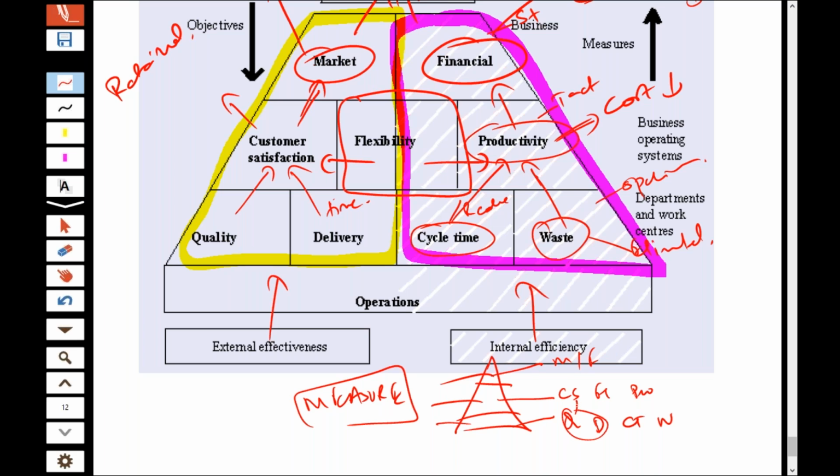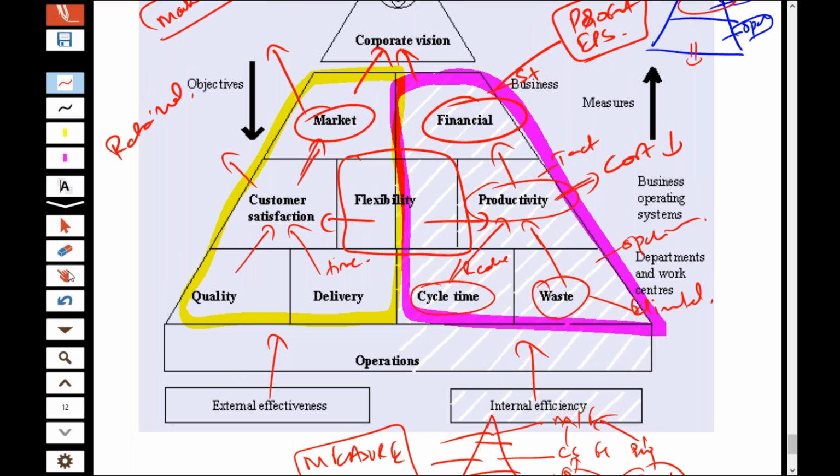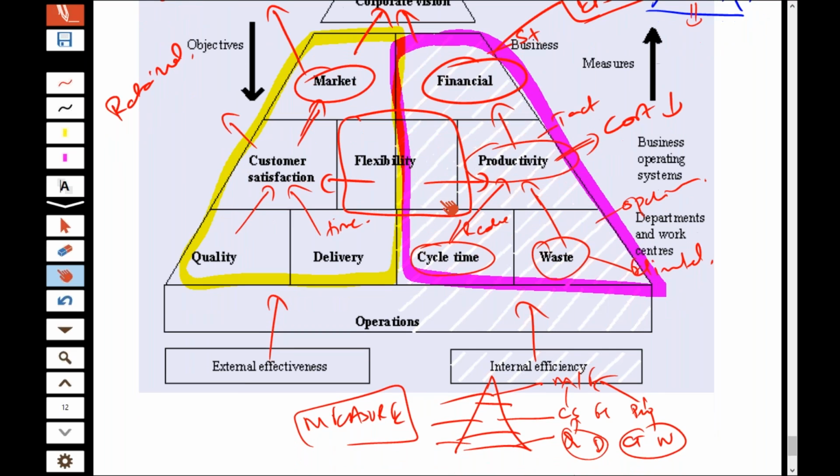So obviously, this leads into this, and this into this. Ultimately you would be able to achieve your organization's goal, objective, mission. So this performance pyramid actually tells you how the performance hierarchy should be.